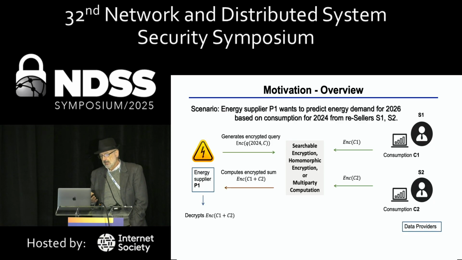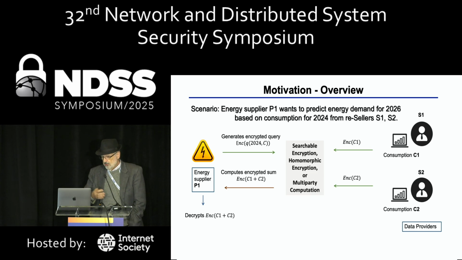So to some extent, S1 and S2 are in the same boat, but they still don't want to just reveal their data, okay? So in my view, this is a really good scenario for data spaces. Everybody keeps some level of privacy for the data, but they allow the data to be used.